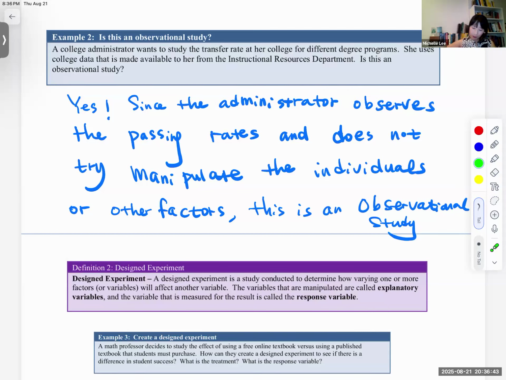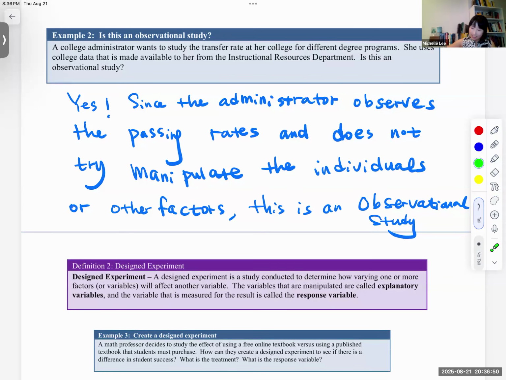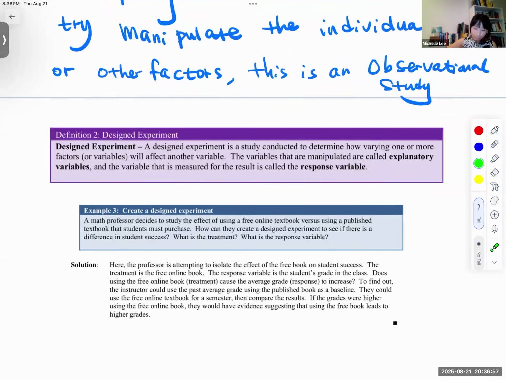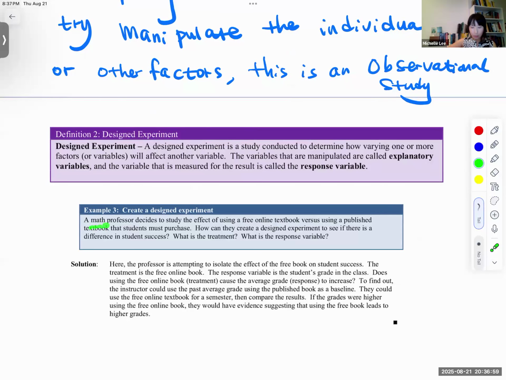Okay, so let's do example 3 together. We understand what this means, right? So example 3, create a designed experiment. A math professor decides to study the effect of using a free online textbook versus using a published textbook that students must purchase.